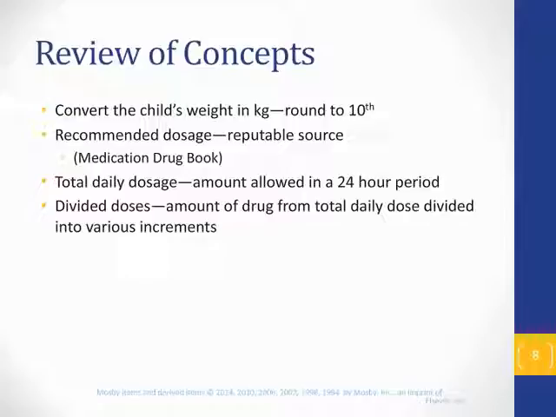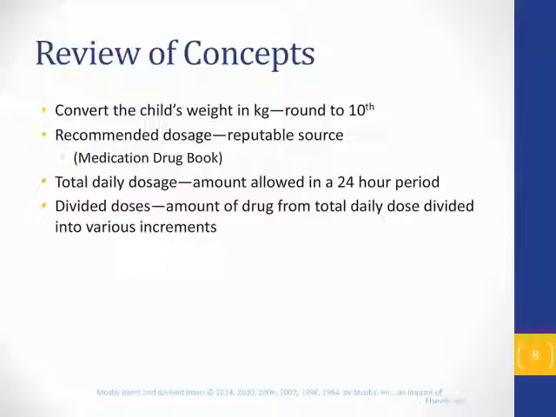Some of the electronic health records actually have where you can click on the medication and it might give you the information that you need there. But generally speaking, that's why we ask you to buy your medication book. As you work on different units, you will find that they have a library of books for you to use there too.